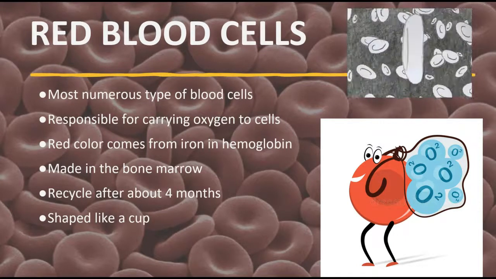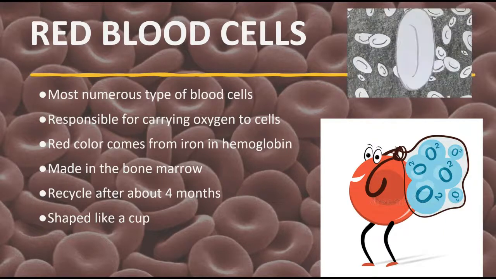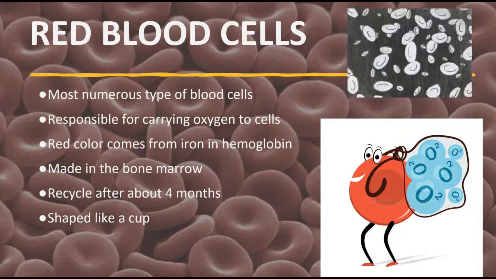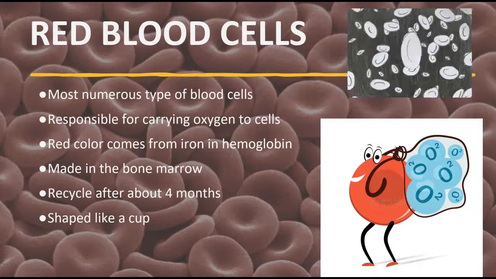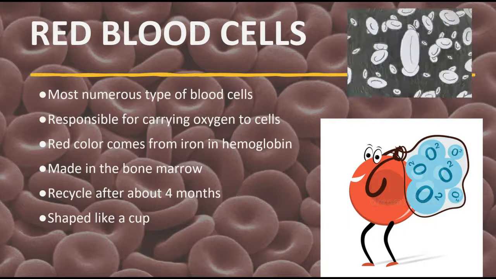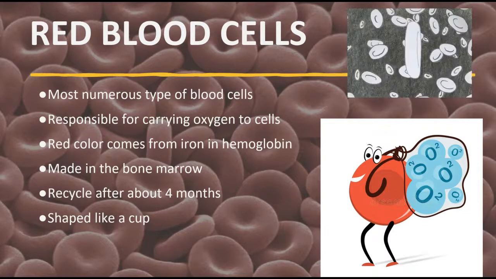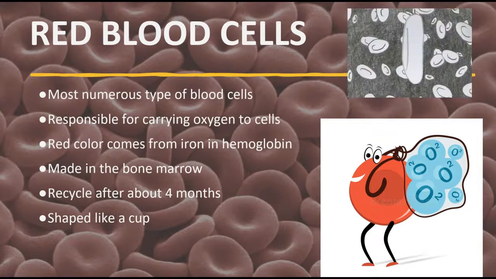They are red in color from iron in the hemoglobin. Some people might be iron deficient, and if they are, then they might struggle to carry oxygen to the cells in their body, and as a result, they might be more fatigued. But iron is what gives red blood cells their color.